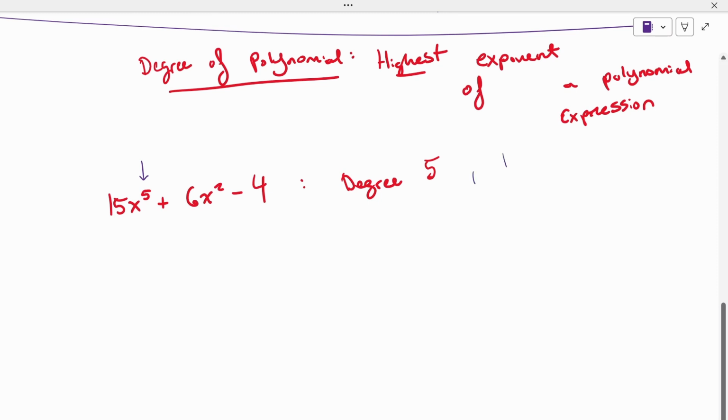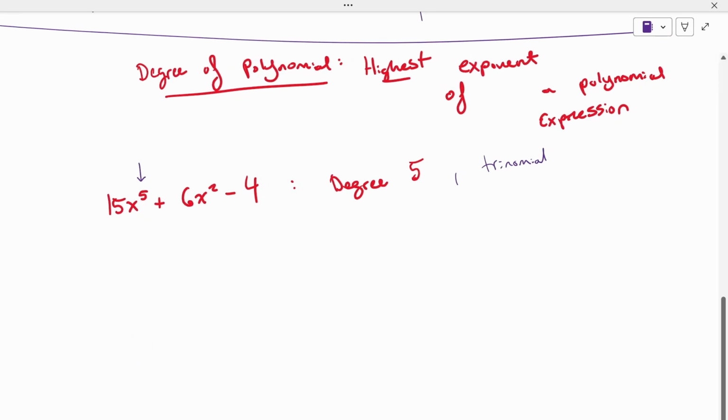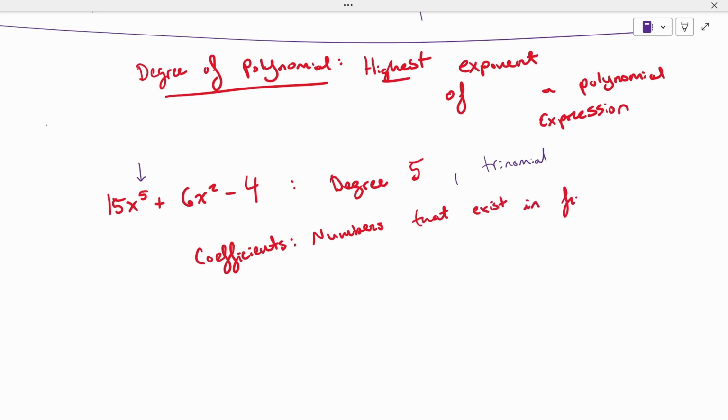You would then also say that this is naturally a trinomial, since it has 3 terms associated with it. And we said that coefficients are just numbers that exist in front of each variable term within an expression.